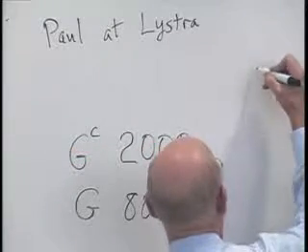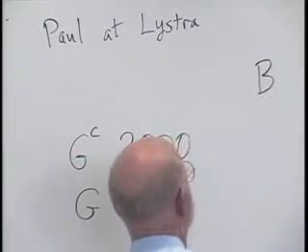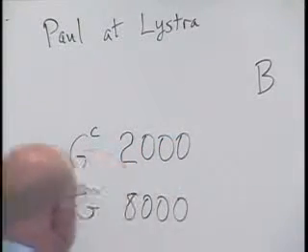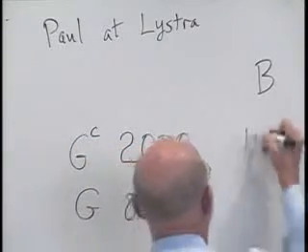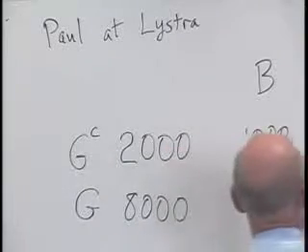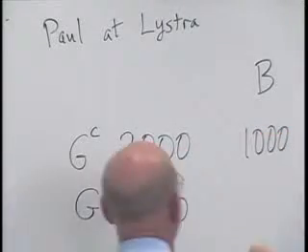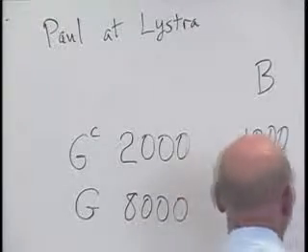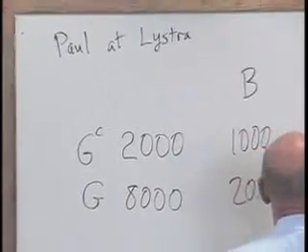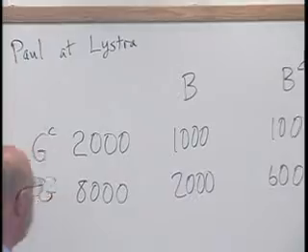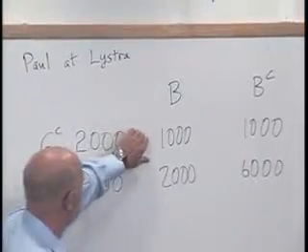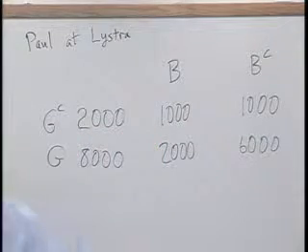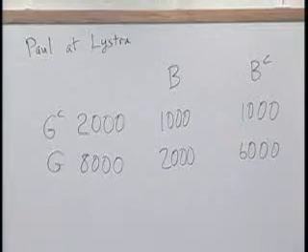So now we have other events. Someone randomly selected is a believer or a non-believer. And if we're told that half are believers and half are not, we get a complete breakdown of the population of Lystra into Jewish believers, Jewish non-believers, Greek believers, and Greek non-believers.